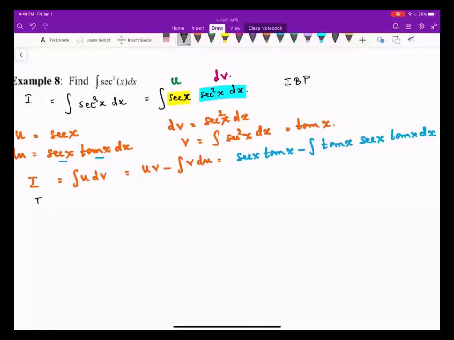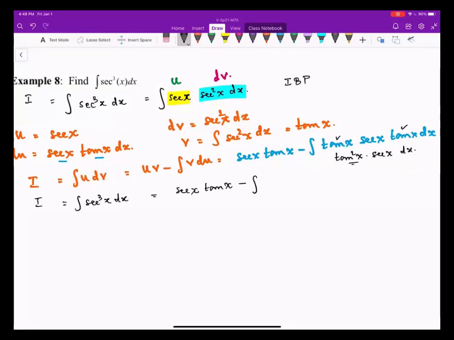So now I, which is the integral of secant cube x dx, becomes secant x tan x minus the integral. We have a tan and we have tan here, so that becomes tan square x secant x dx.